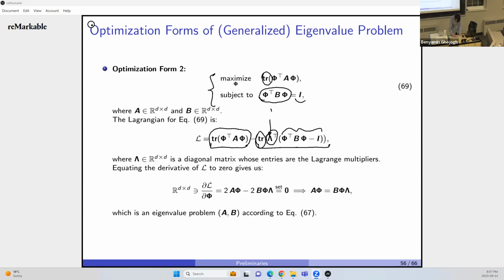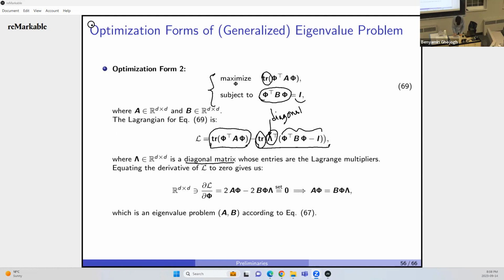This lambda is diagonal. Why? For proof, see the appendix of my tutorial named Eigenvalue and Generalized Eigenvalue Problems tutorial. That's available in arXiv. If you want to see the proof why lambda is a diagonal matrix, you can see that.